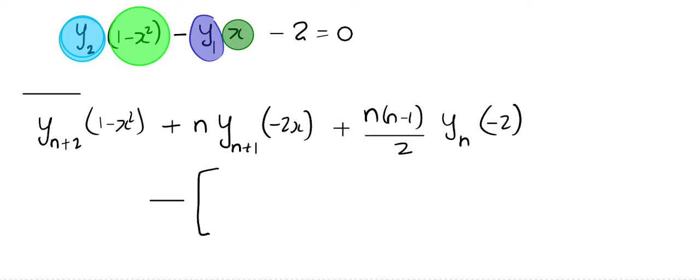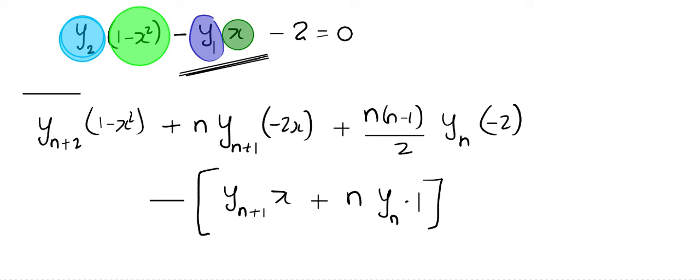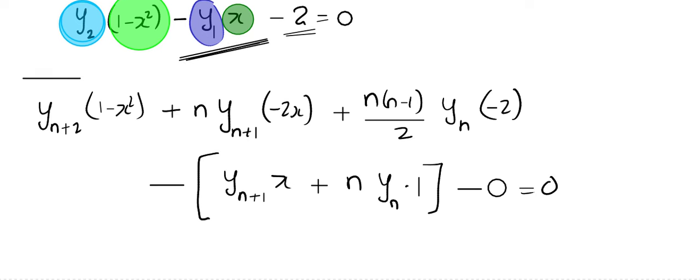Whenever there is minus, it is always safe to put a bracket. So we go for the second product. Yn plus 1 into x. N, reduce, differentiate. It's a constant, so stop. And I told you the logic in the beginning itself, that will become 0. That's it, we are ready.